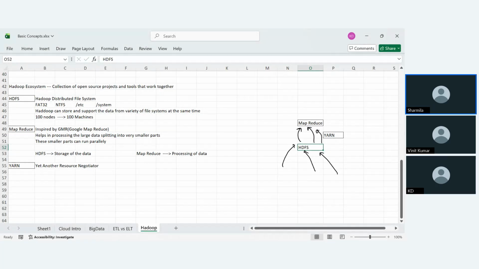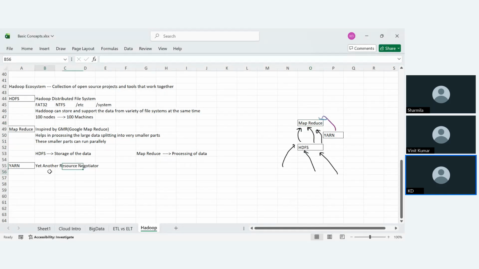So YARN basically coordinates with this system, and it ensures that as soon as any data part is free, that resource is made available again for other processes.